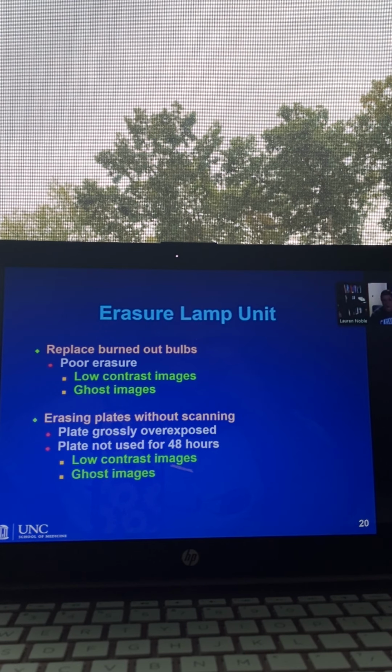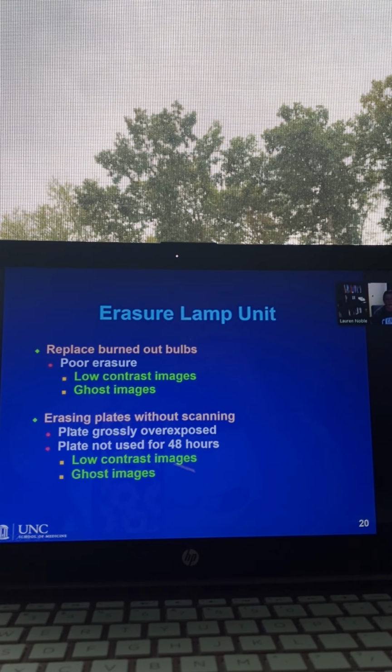Something else that you need to know about these, even though I realize in clinic you are not using these on a regular basis. Very few sites have these anymore, but you never know. You need to erase the plates if they have not been used in at least 48 hours, as well as if the plate is grossly overexposed.